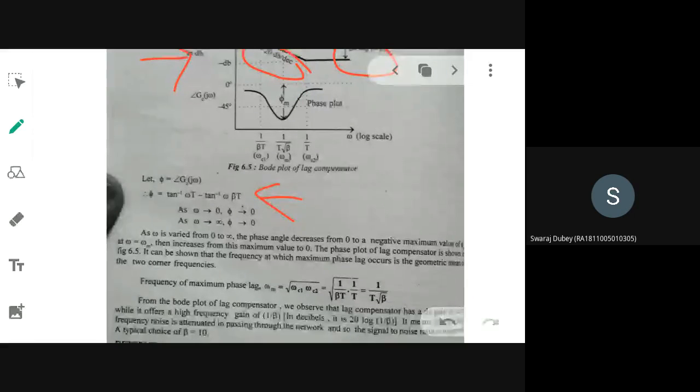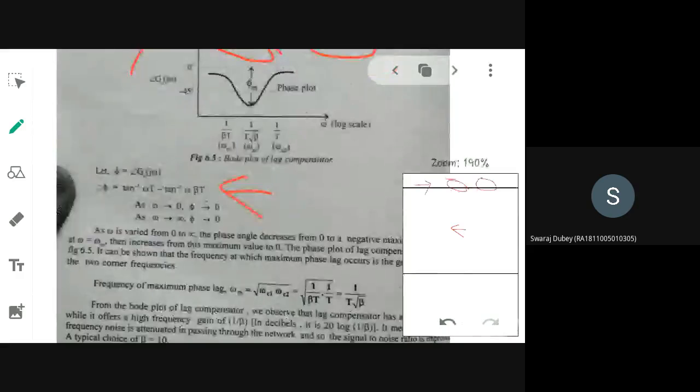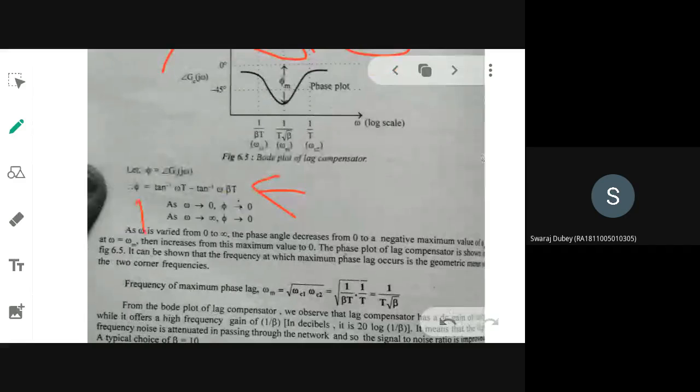Now you are going to substitute two cases of omega: omega equal to 0 and omega equal to infinity. What is the phase angle? That is also given in the slide itself. Just substitute in this formula.